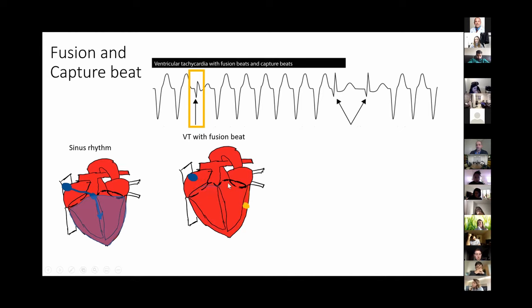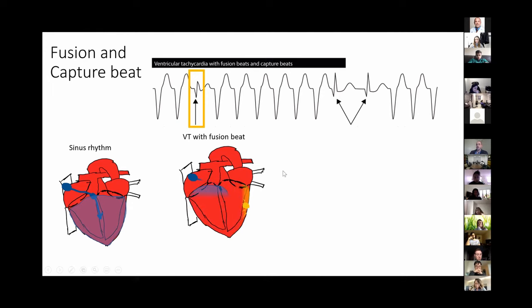Fusion beat means, as you can see on this illustration, that part of your ventricle is depolarized from the sinus, very luckily breaking through at a part of the cardiac cycle where a part of the ventricle was able to be depolarized from the sinus rhythm. But then you still have the abnormal circuit that has not quieted down. It's still happening and driving other beats.